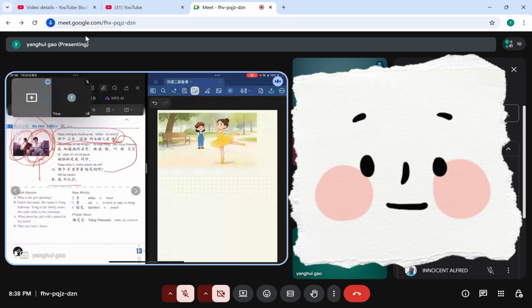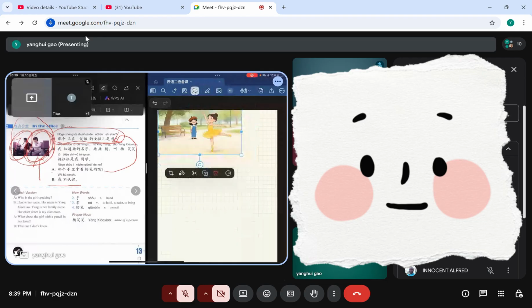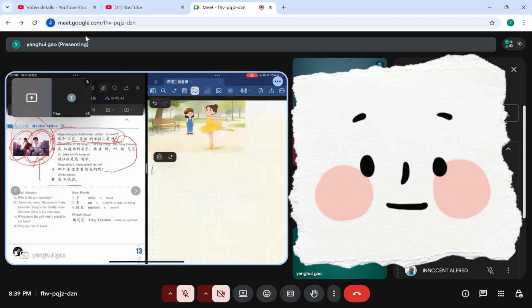So first, we need to observe their actions, features, or what actions they are doing. So this girl, she is dancing, right? She's dancing. Dance in Chinese is 跳舞. 跳舞, to dance.